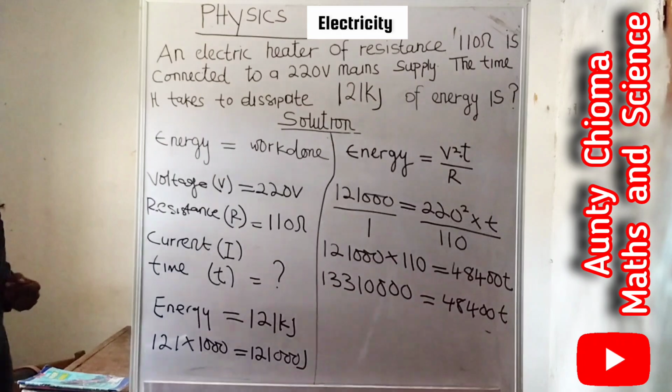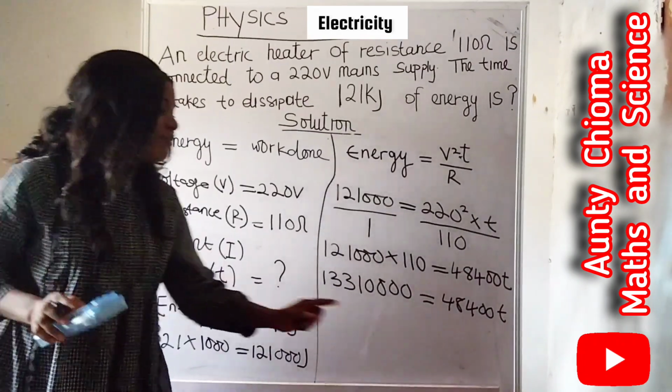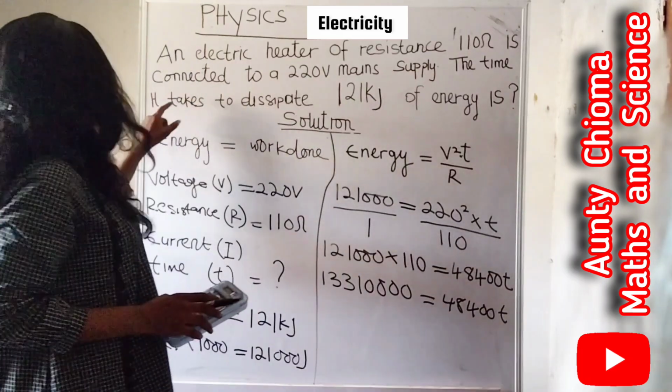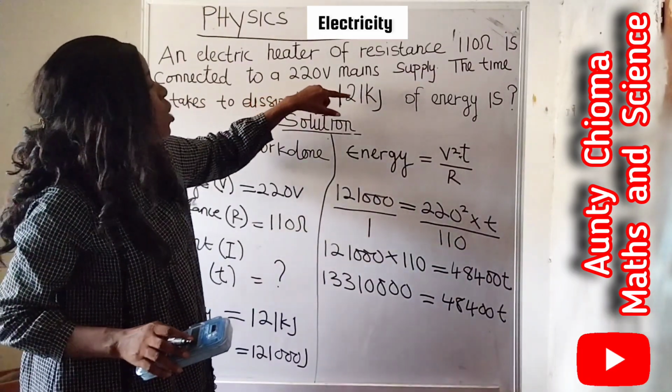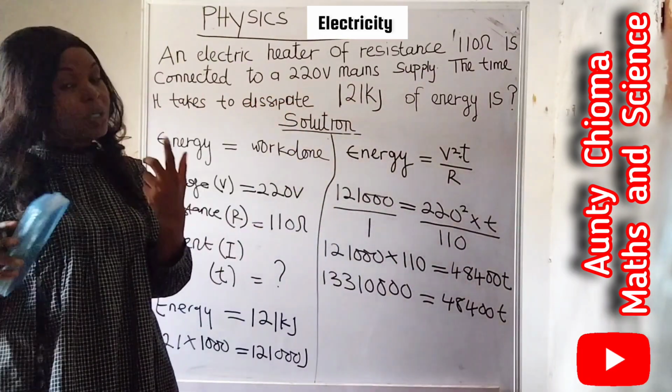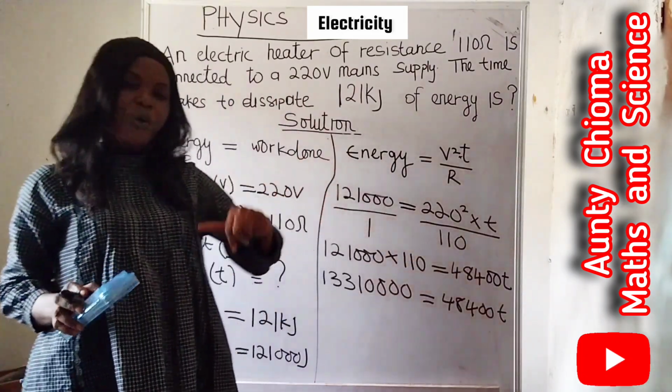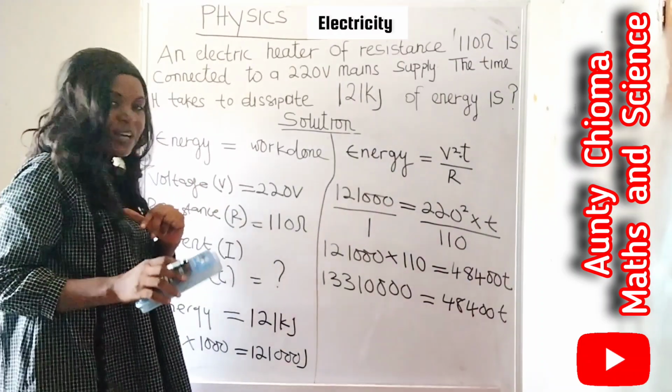Now because we are solving to get the value of t, which is the time it takes to dissipate 121 kilojoule of energy, which is what the question asks us to do, we will make t the subject of the formula so that we can find it easily.